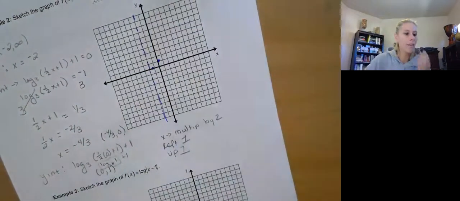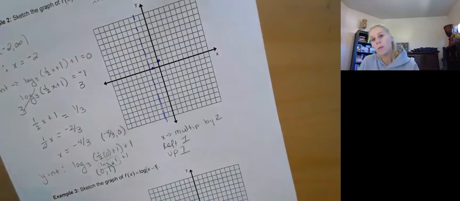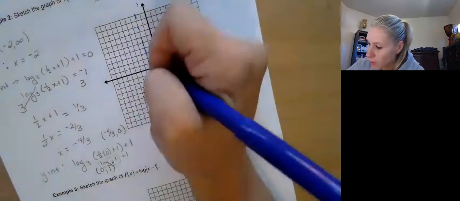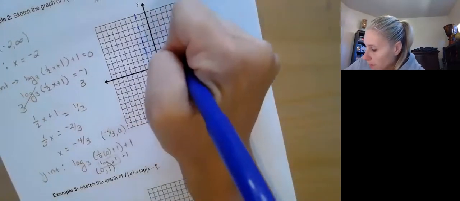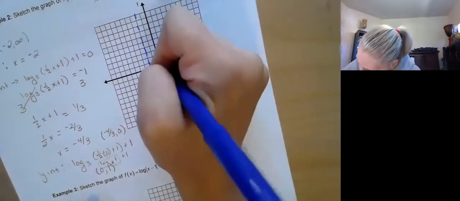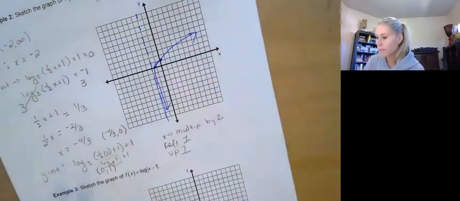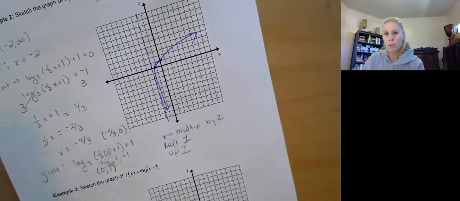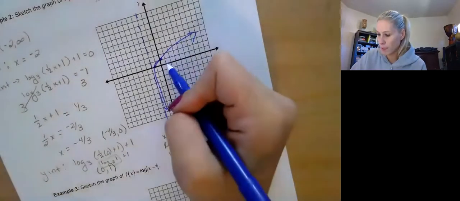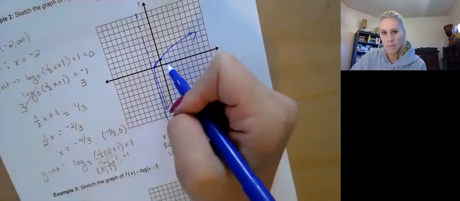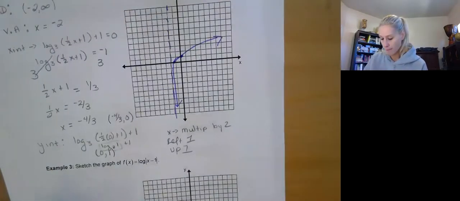Now, again, if they wanted more points, we could just plug in 1 and 2 and so on into our calculator if we have to. But we already know that it's going to come down like this. Okay. And what did we do? We moved left, we moved up, because remember it would have been right here. Awesome. We just graphed it without a calculator, guys.